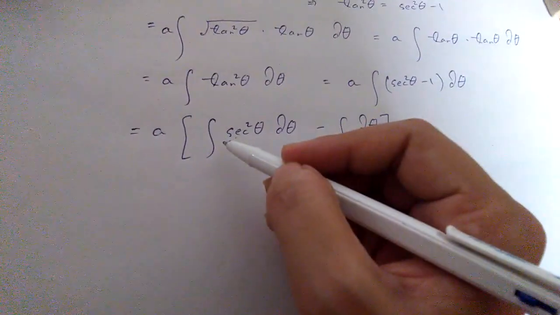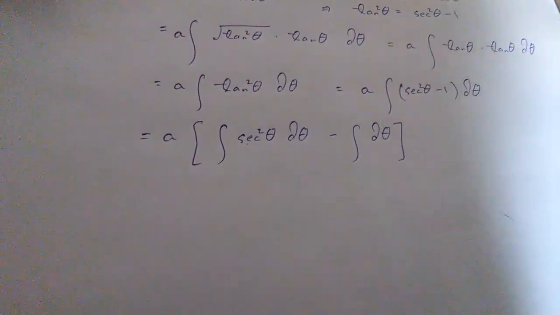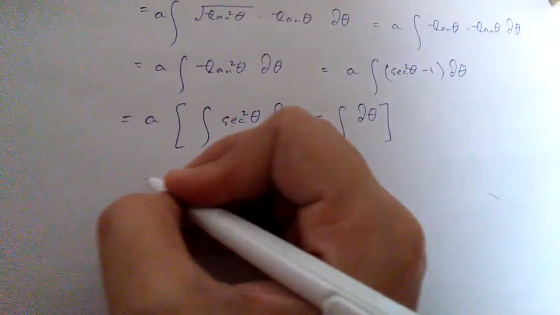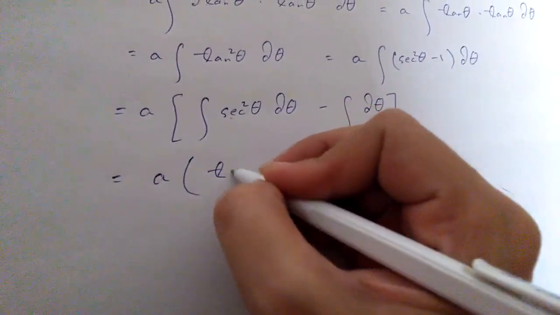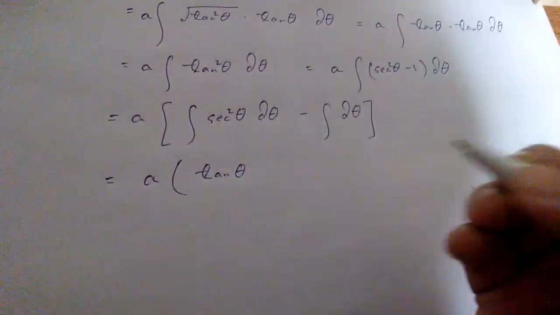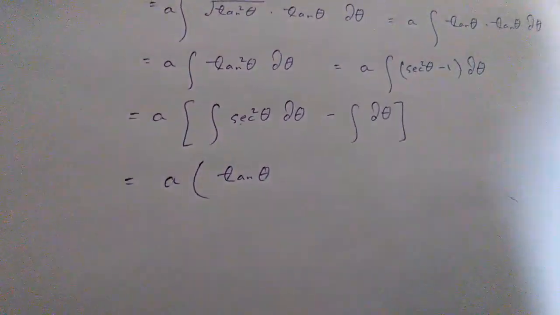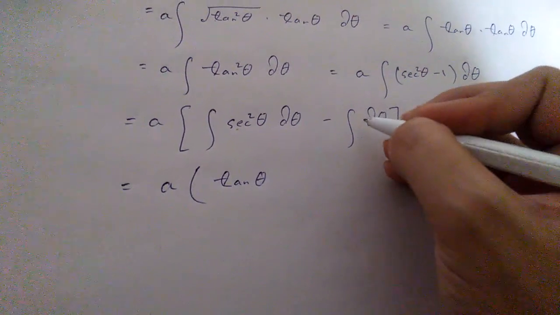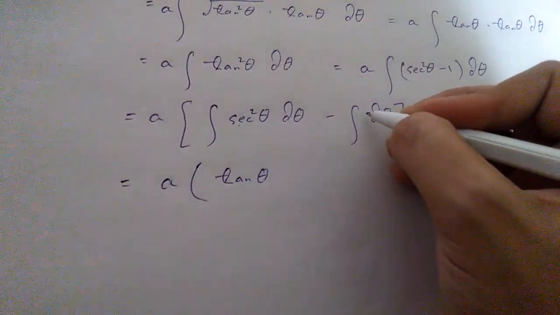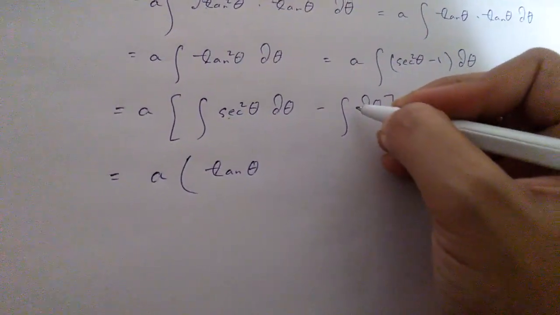Now the integral of secant square is available, and it is equal to tan theta. You can see that in the formula list of integrals for further confirmation. And the integral of d theta, if you have nothing in the integrand, it means you have a unit integrand here.